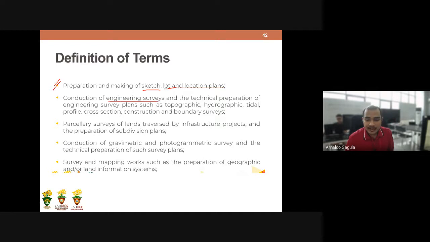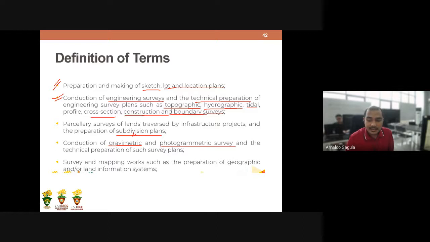Conduct of engineering surveys and other technical preparation of engineering survey plans such as topographic survey, hydrographic survey, tidal profile, cross-section, construction, and boundary surveys. Next is parcellary surveys of land traversed by infrastructure projects and the preparation of subdivision plans. Next is conduct of gravimetric and photogrammetric survey and its technical preparation of survey plans.